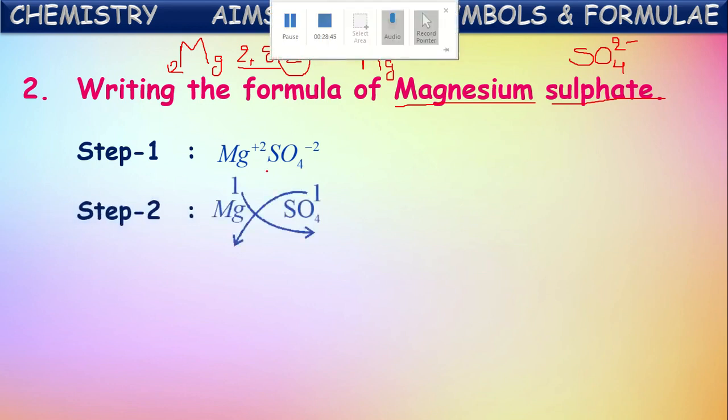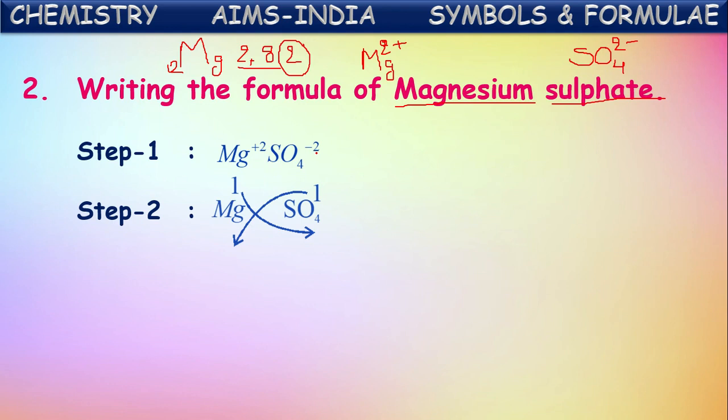This has 2, and this also has 2 in these charges. Common factor 2 can be eliminated. Now it becomes Mg plus 1, SO4 minus 1. Then we have to neglect the plus and minus symbols of the charges. Now it becomes Mg1, SO4 1.